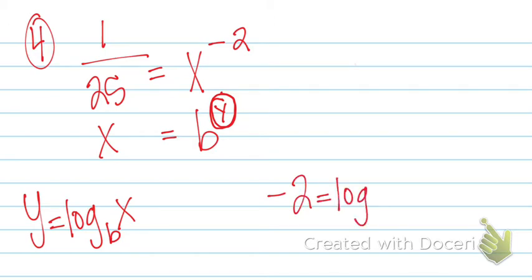What's my base value? X. Colin, what goes in the parentheses? 1 over 25. Shake your head yes if you got that right. Good. All right, next page.